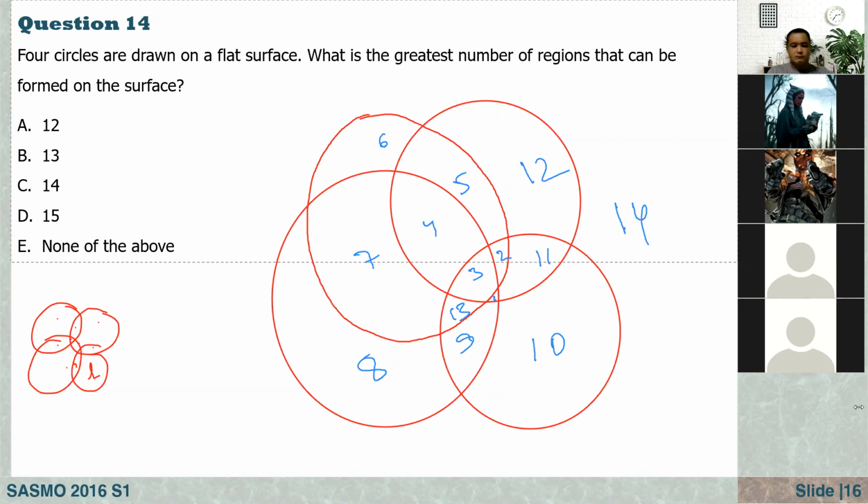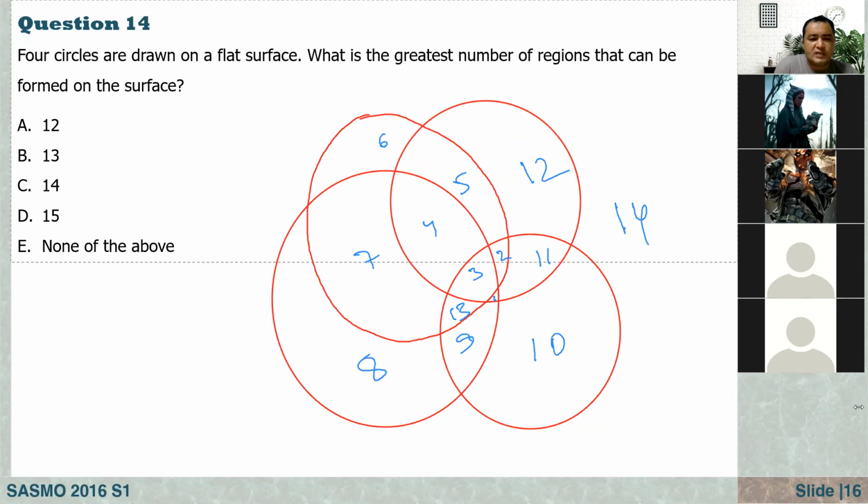But if we draw like this, they didn't say to draw them together or something. But Selin, the question is asking the greatest number of regions that can be formed. So we need to do it in such a way that we can create more and more regions.